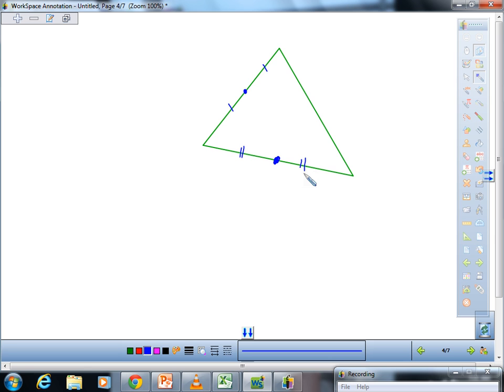Those blue points are what? What are these points called based on how I marked this diagram? Those are midpoints. So if I find two midpoints on a triangle and I connect them with each other, that line that we create is called a midline. That's the definition of a midline. Okay?